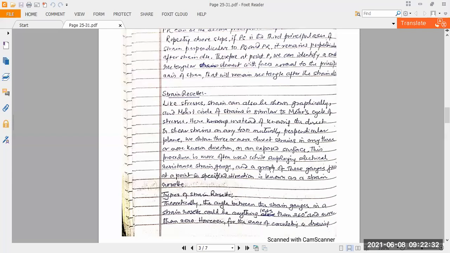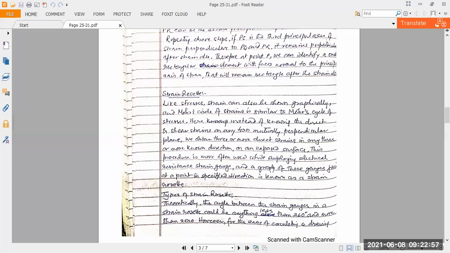This procedure may be used while employing electrical resistance strain gauges, and instead of drawing the direct and shear stress on any two planes, we can obtain three or more direct strains. We can measure them in any three or more known directions on an exposed surface.